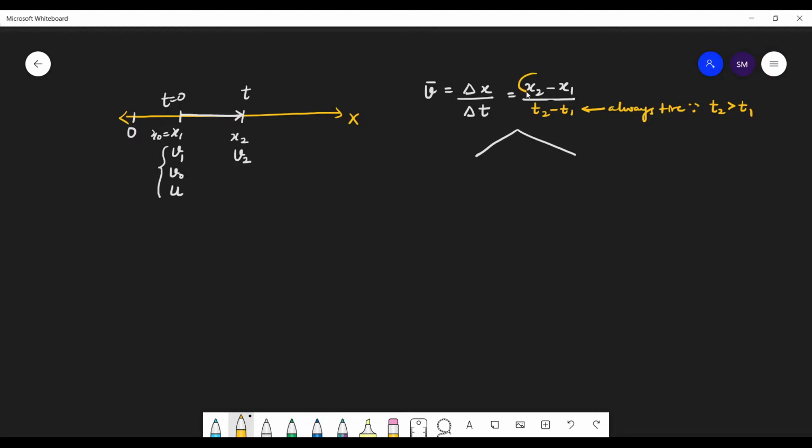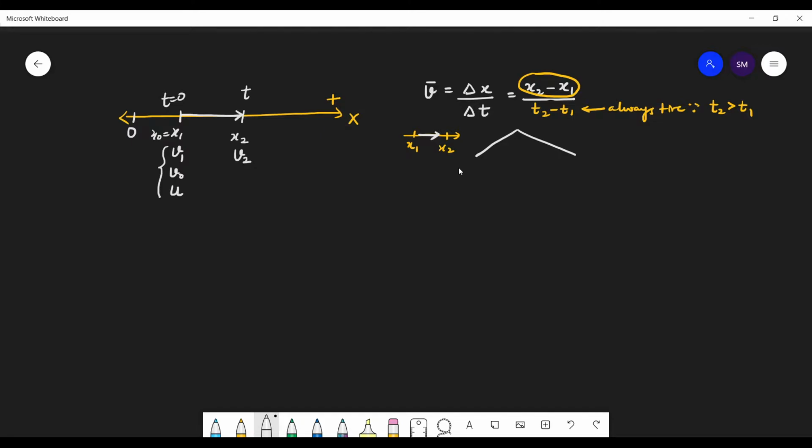Now what about this quantity? If I'm moving in this direction, so that's my positive direction. So this is x1, this is your x2. So you are moving from here to here.